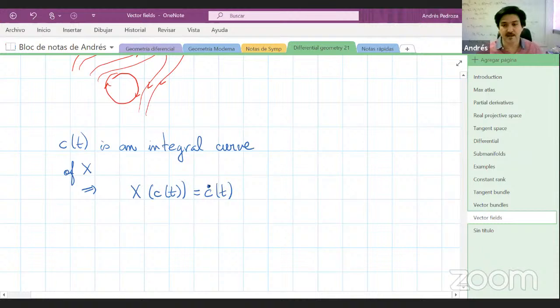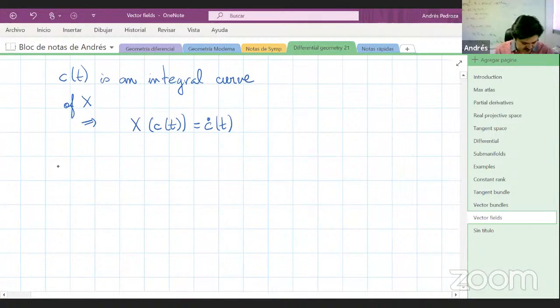Okay, that's the equation of an integral curve. It is just in one line, but it is actually a system of differential equations.